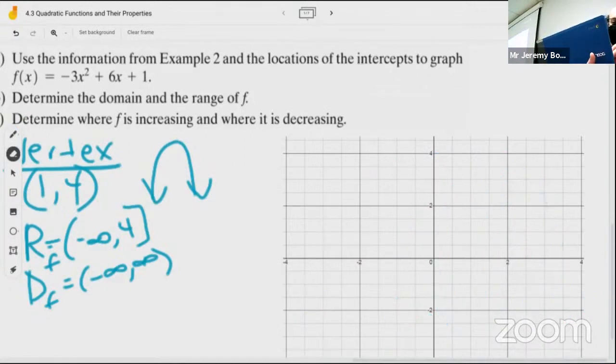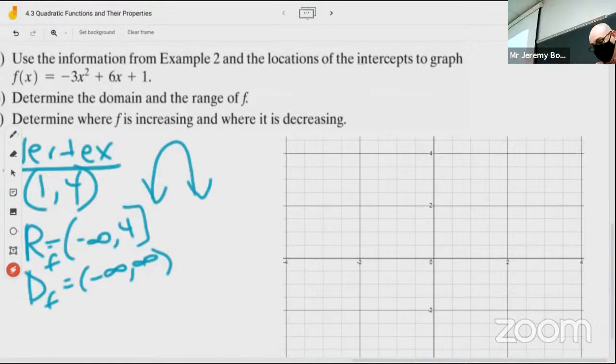Way back, like section 3.2 or something, we talked about it: to graph an equation, the highest degree on the variable plus 1 is at least as many points as you need. The highest degree here is 2, so we need at least 3 points to graph this. We only have 1 point. So let's try to find some other points.